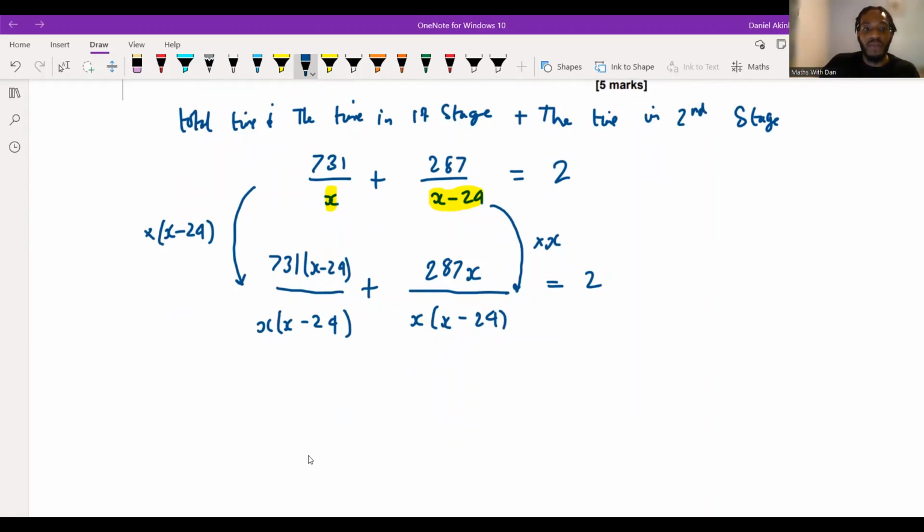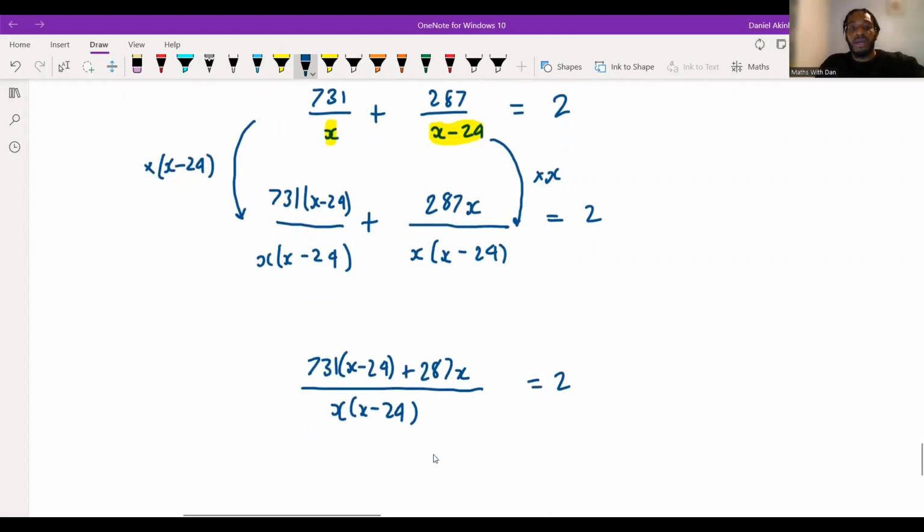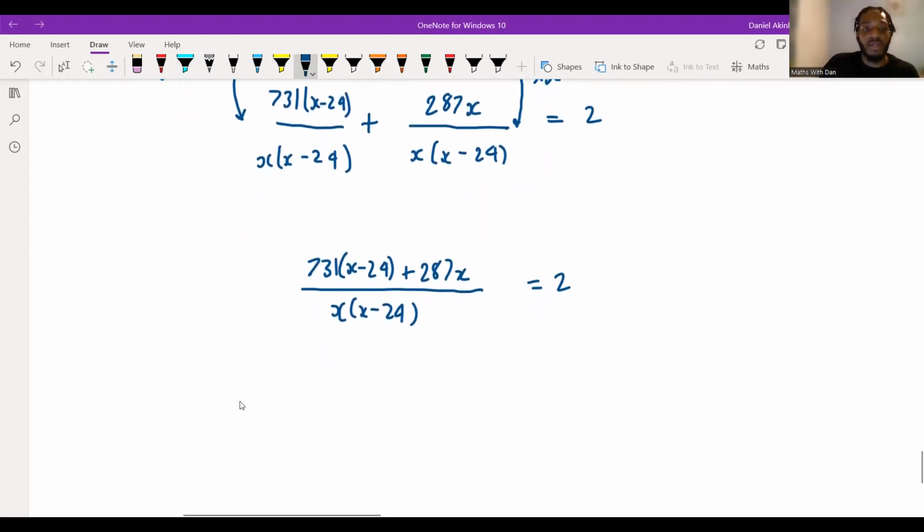Now we've got the same denominator on both, so I can write x and then x minus 24. And on the top, I can just write 731 times x minus 24 plus 287x, and this is still equal to 2. Now I can expand the top.